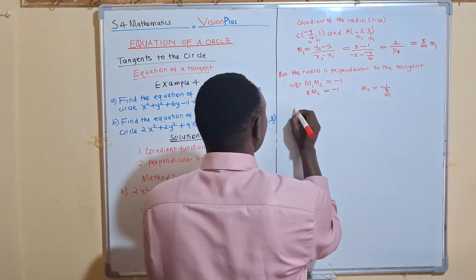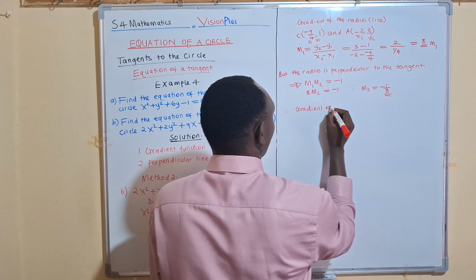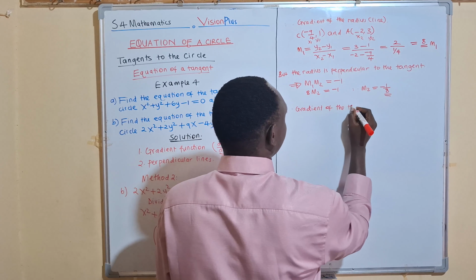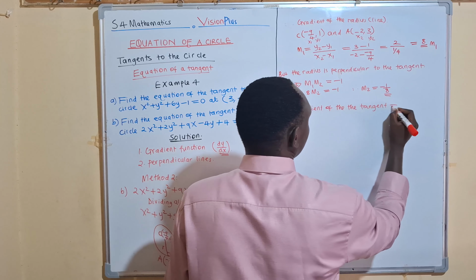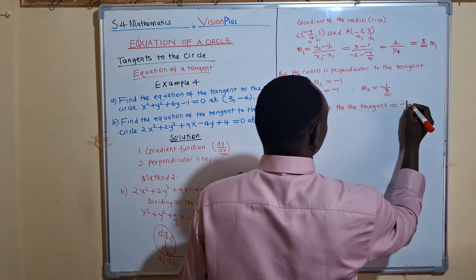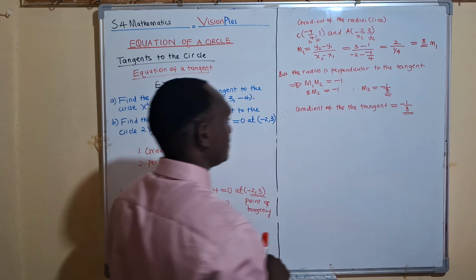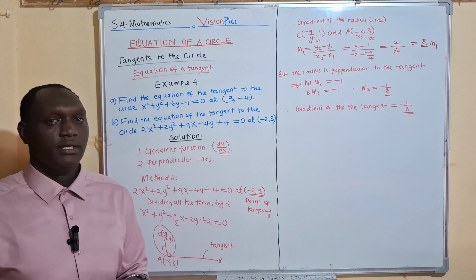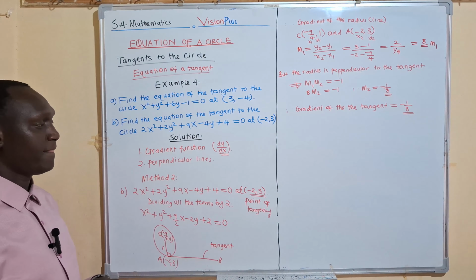Therefore, the gradient of the tangent is -1 out of 8. That is the gradient of the tangent.